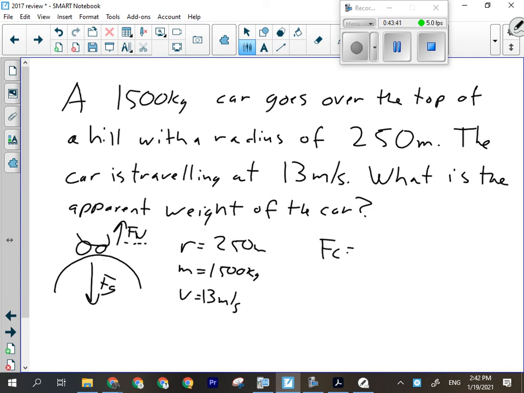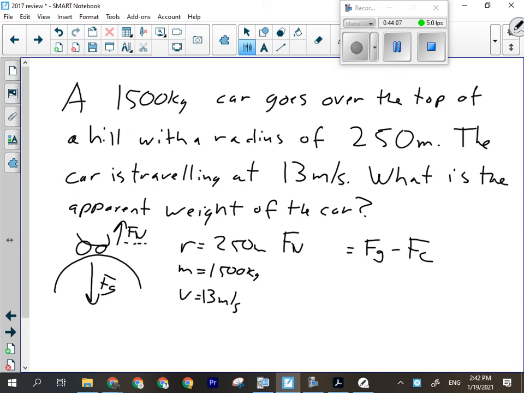Because it's a vertical circle, we're looking at forces in, gravity, minus forces out, normal force. I want to solve for normal force. So I'm going to add normal force to the other side so that it's positive, and then subtract Fc back over to the other side. That's going to get me my normal force.